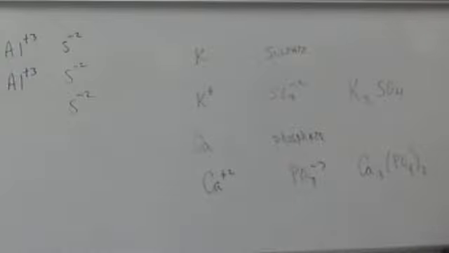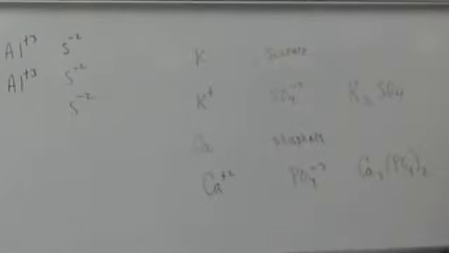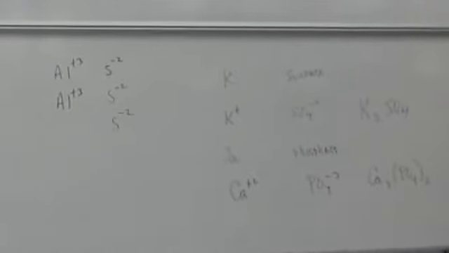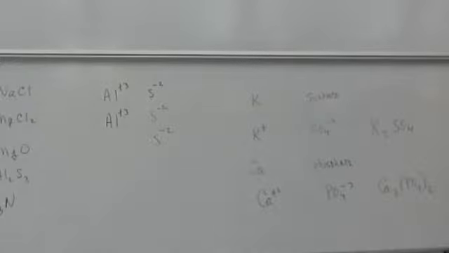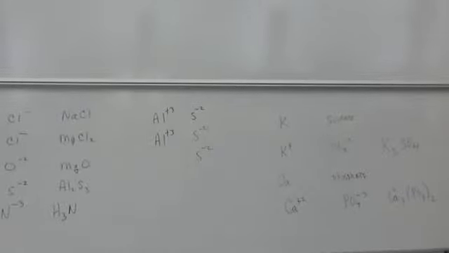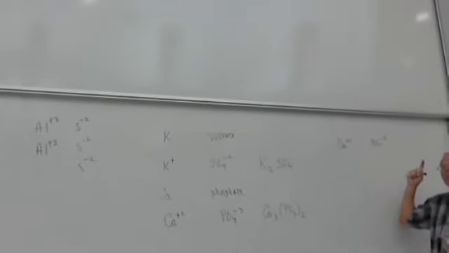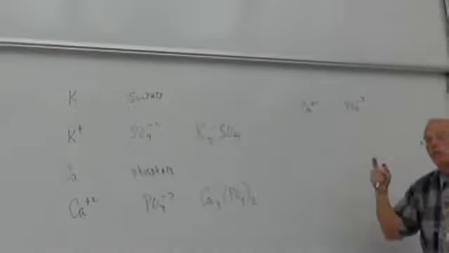How do you get to that? Well, let's do it like we did before. Calcium and phosphate. Will a 1-to-1 combination of this give me an electrically neutral combination? What will I have more of? If I've got +2 and -3, I've got more negatives, which means I need more positives.